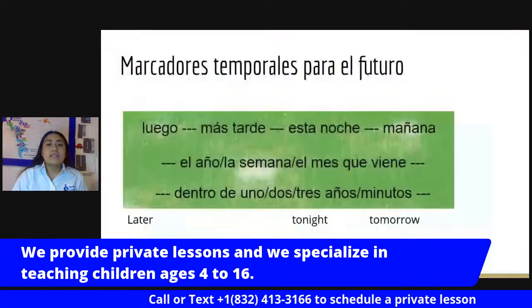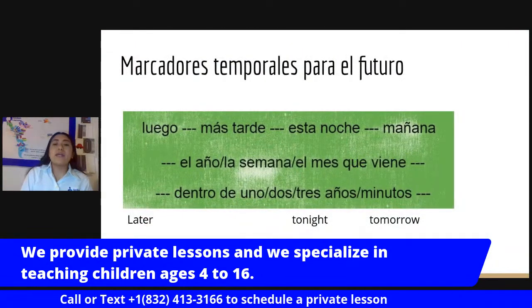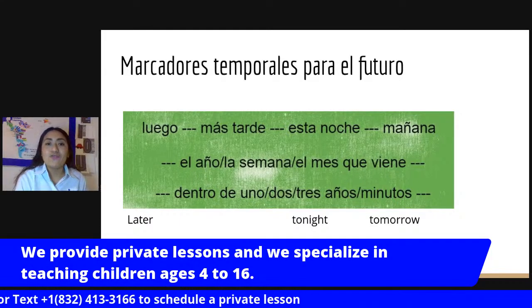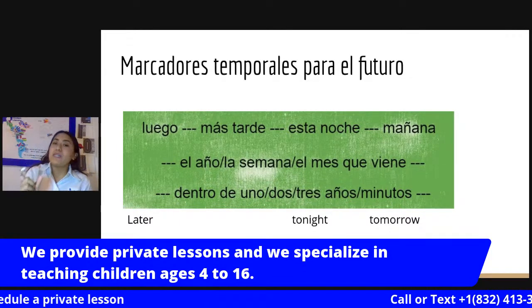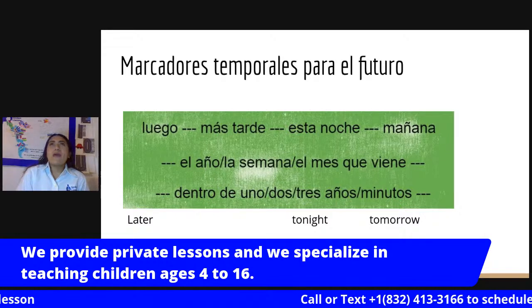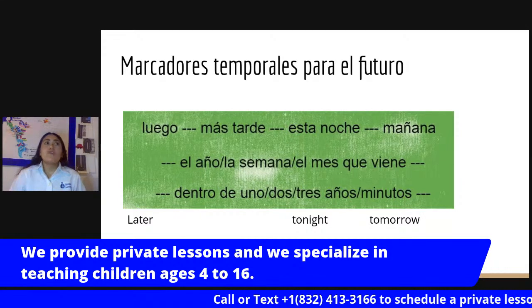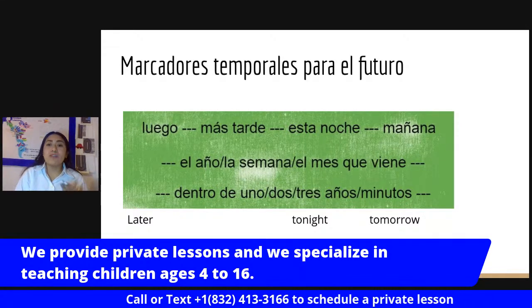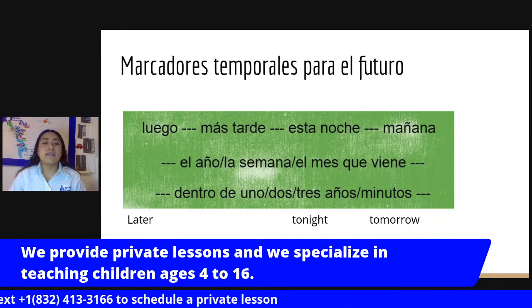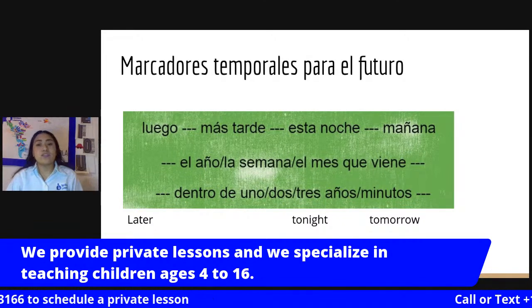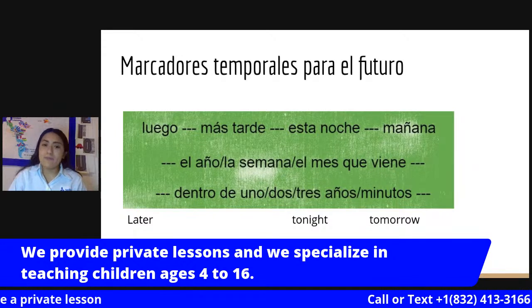All right? So, as I told you, marcadores temporales para el futuro. These words that are going to tell us that we're speaking about the future. Also, we have them for the present, for the past, but right now I'm going to teach you the future. You can say luego, más tarde, esta noche, mañana.